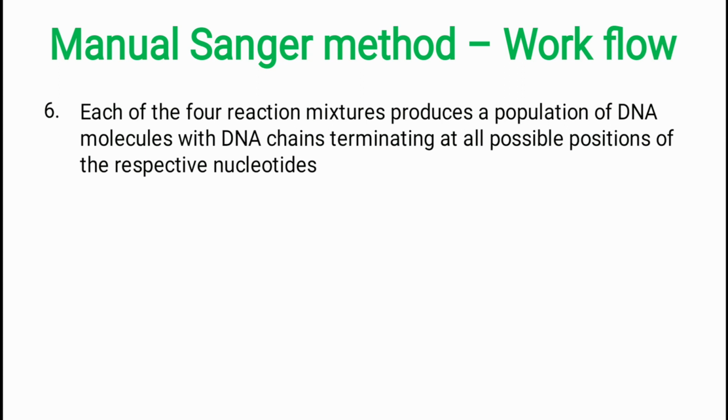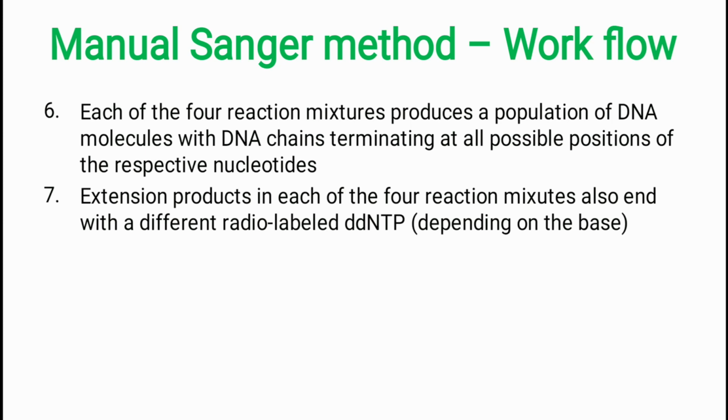So each of the 4 reaction mixes produces a population of DNA molecules with DNA chains terminating at all possible positions of the respective nucleotides. The extension products of each of the 4 reaction mixes also end with a different radiolabeled ddNTP.